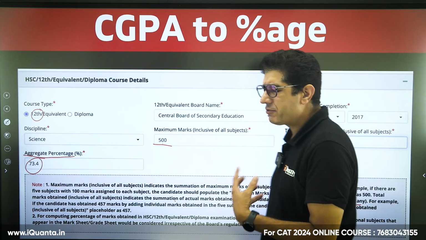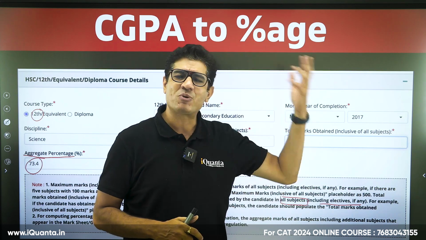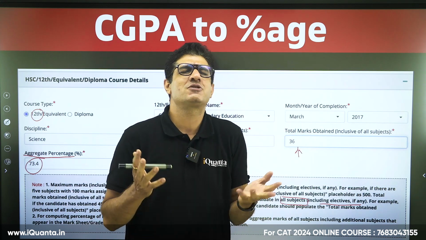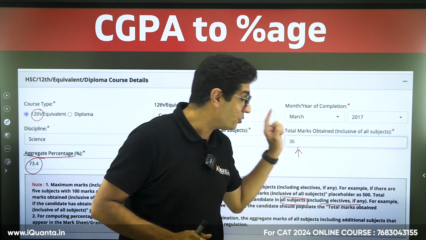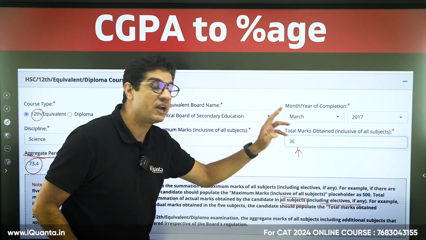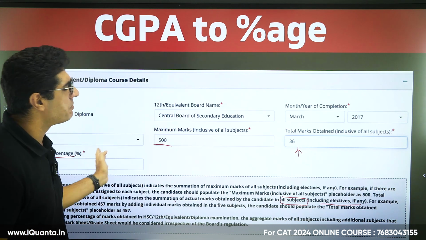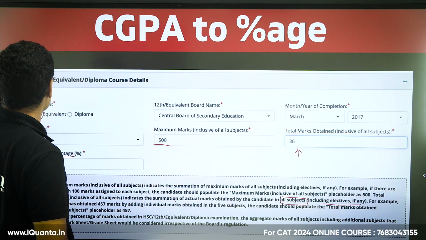So even if you had, say, physical education or maybe one more language that you took up just for fun or whatever, because it is there on your mark sheet, you do need to include it here. Okay, so that's about CGPA to percentage along with some other common questions that were asked.